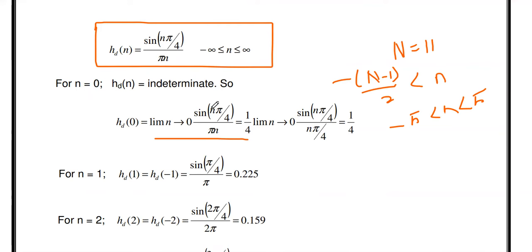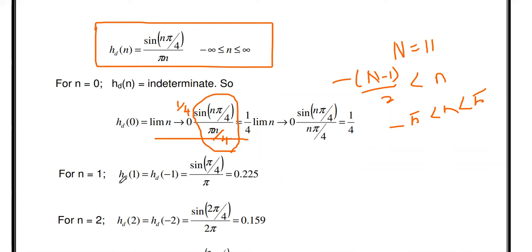Here, in the place of theta, n pi by 4 is there, but here only pi n is there. So we multiply the numerator and the denominator by 1 by 4. Except for this 1 by 4, the answer for the term sine theta by theta when theta equals 0 is 1. So the answer for hd(0) is 1 by 4 into 1, so hd(0) is 1 by 4, which is 0.25.